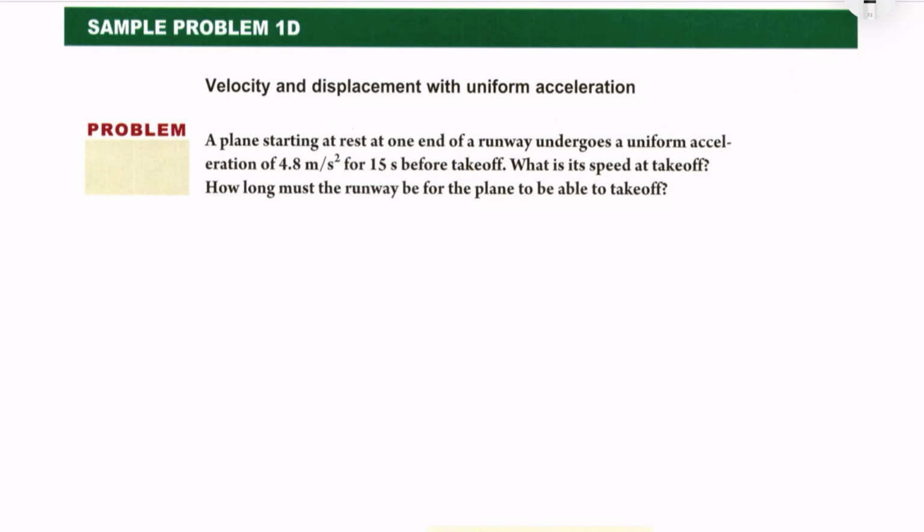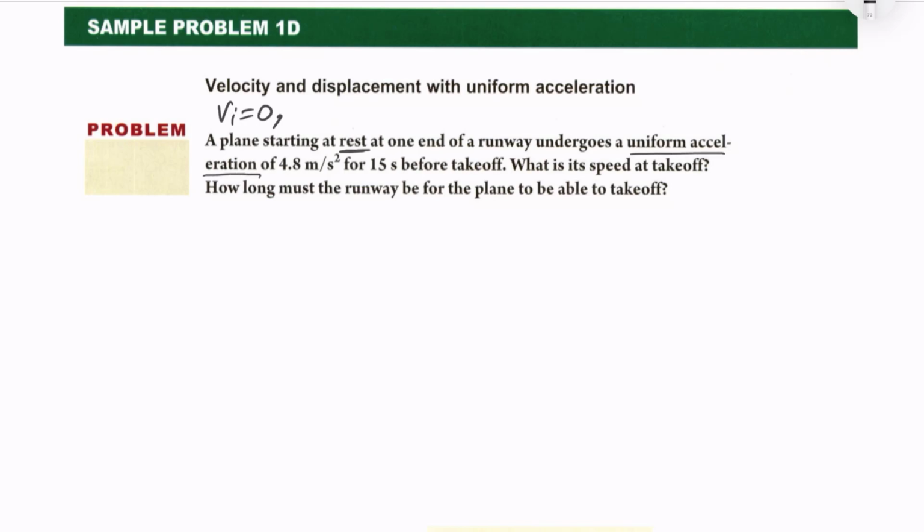A plane starting at rest. So it says the plane starting at rest. That means what? Initial velocity of the plane is 0. At one end of a runway, you know the meaning of runway, undergoes a uniform acceleration.